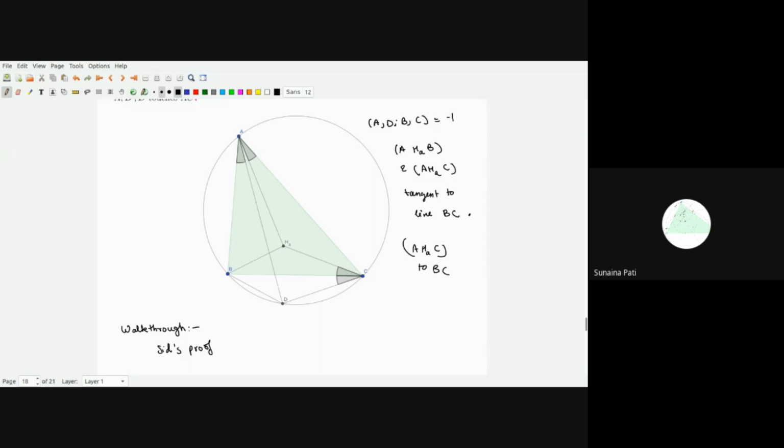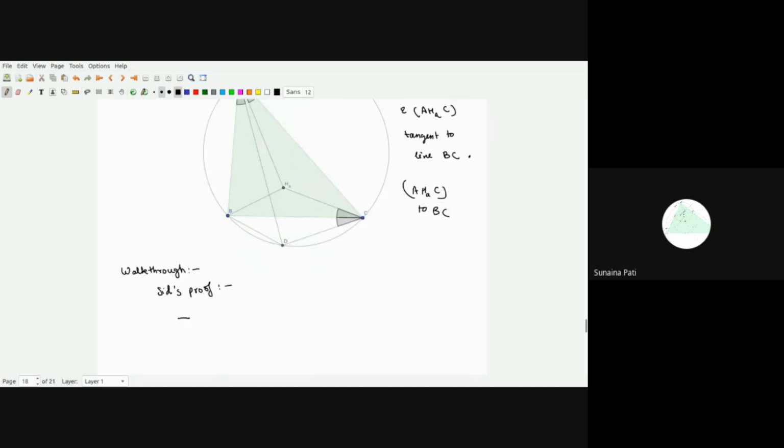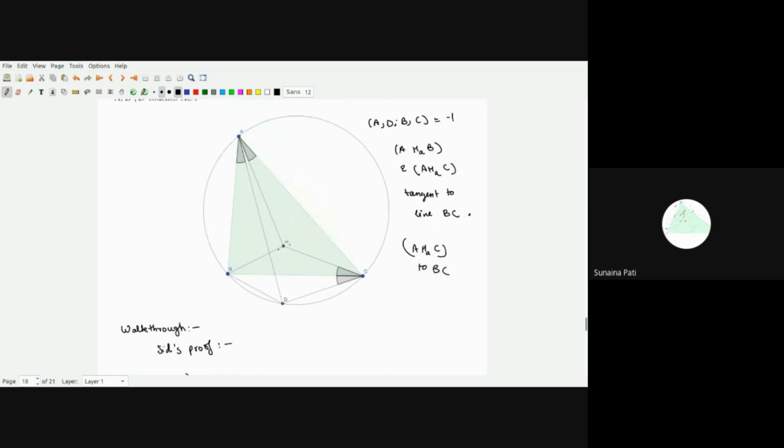Basically, he's defining HA to be the Humpty point, and then he says the reflection is in the circle ABC. So, first, I think this is how you prove it, but it's kind of very well known, but you guys can also try it on your own.